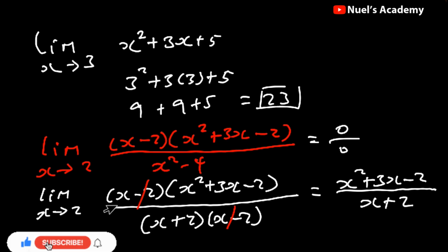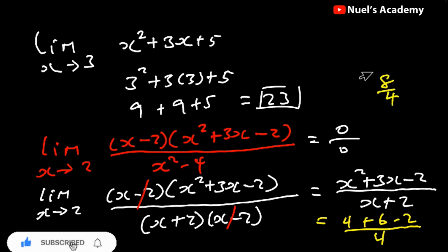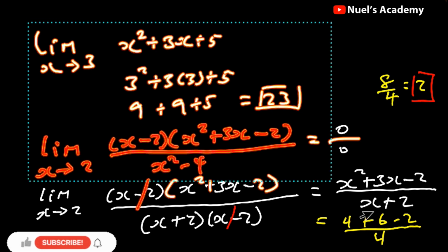So let's plug in the value of x, which is 2, into this expression. Now 2 squared is equal to 4, plus 3 times 2 is 6, minus 2, over 2 plus 2, which is equal to 4. Now 4 plus 6 is 10, 10 minus 2 is 8. So we have 8 over 4. Then 8 over 4 is equal to 2. And this is the answer to this question. And let's go ahead and solve the tougher ones.